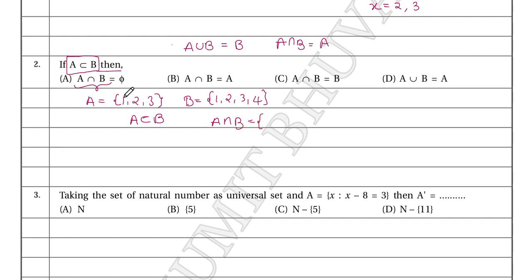Which elements are common here? 1, 2, 3. So the intersection is {1, 2, 3}, which is exactly the same as A. So A intersection B is equal to A, and the correct answer is B here. And if it is asking about the union, then we will get the answer B. Remember these results. Look at the next question.